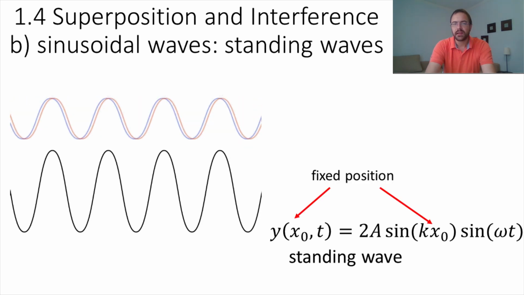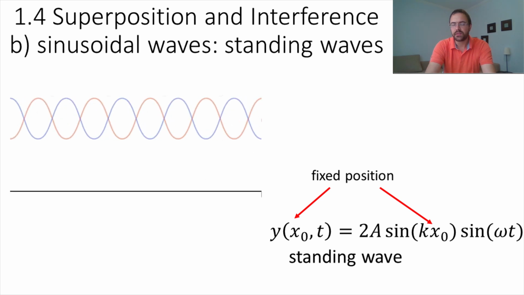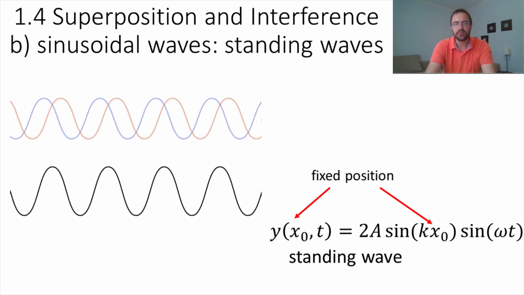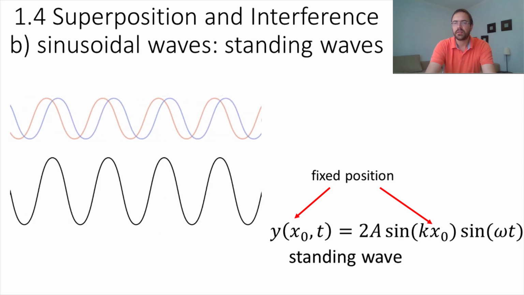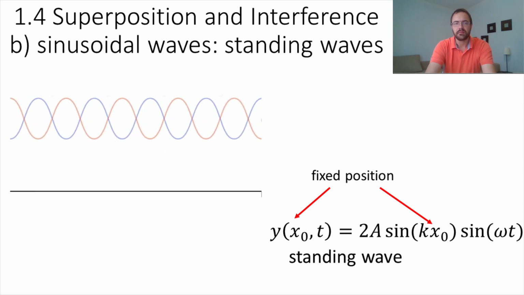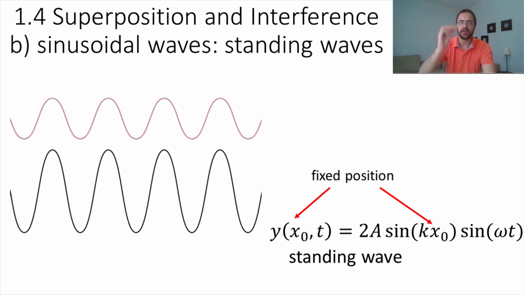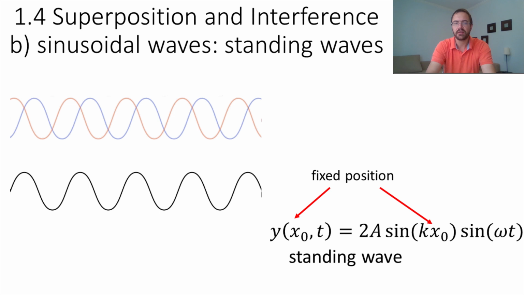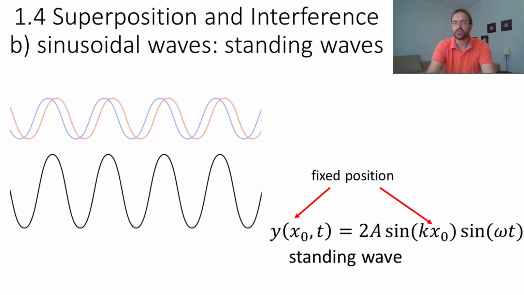If you look at the standing wave equation at a fixed position, so x is fixed to a value, say x0, then you see a function of time that is simply sine omega t, right? So it describes a simple harmonic motion. This is similar to a traveling wave, but all the points of the string are now in phase with each other.